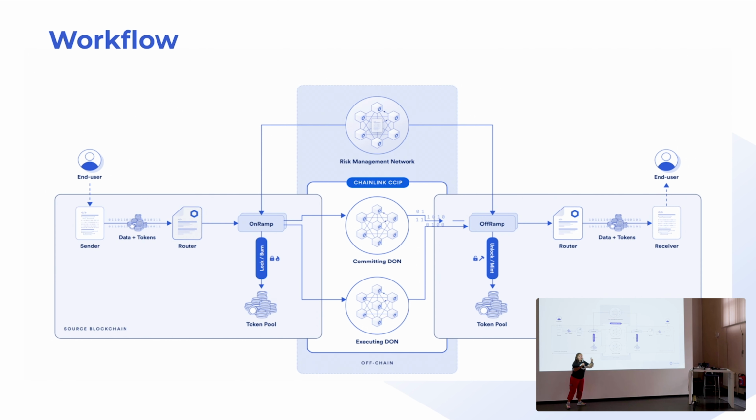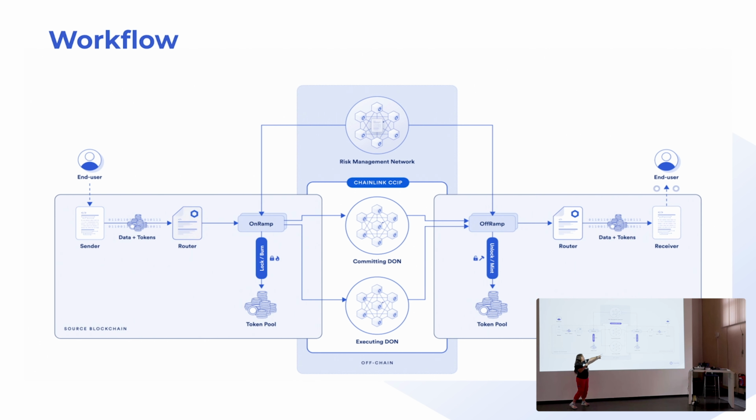Now we have 3 different networks taking care of the security, and this is one of the differences of CCIP. We have the risk management network that looks for all the problems that can happen. We have the committing decentralized network that commits the proposal to the destination blockchain.